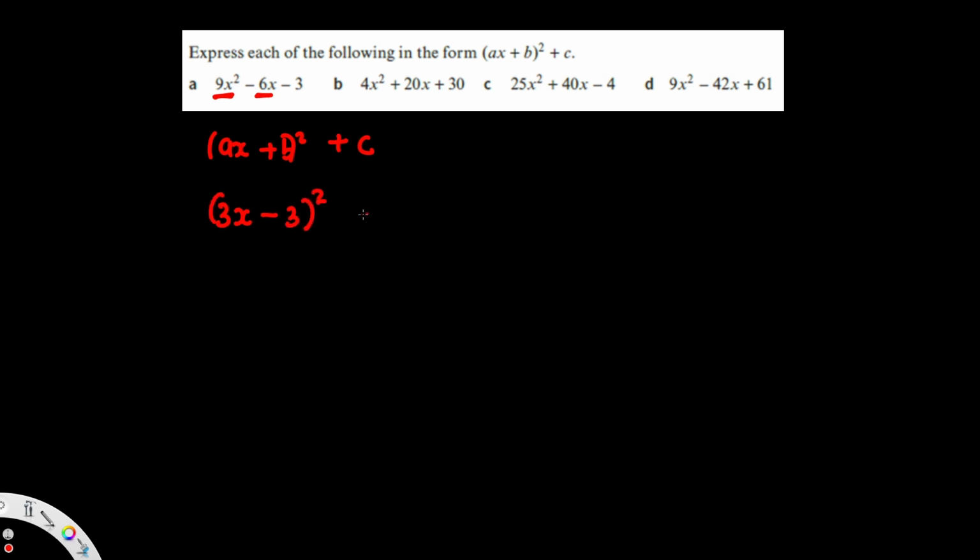Then if we square that, we're going to subtract the square of 3, then divide by 3. Then minus 3 here, and this 3 is coming from this part.